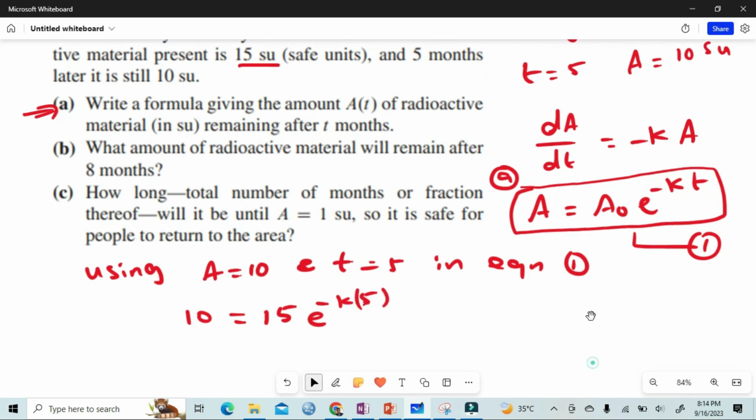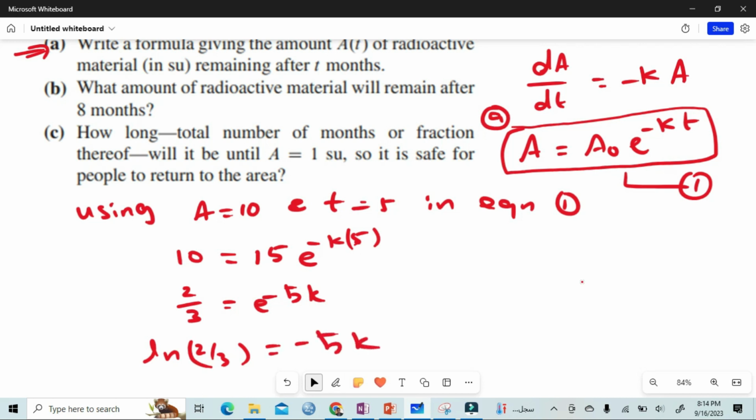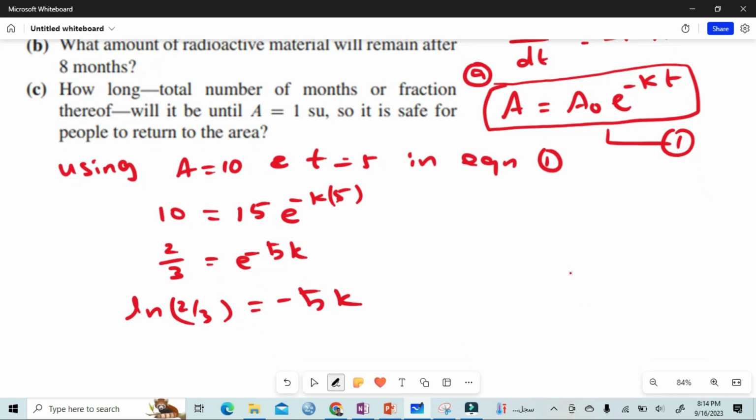Now the same way we are going to simplify, divide by 15 on both sides, it will be 2 over 3 in the left hand side, e power minus 5k, and take ln on both sides. Ln 2 over 3 is equal to minus 5k, so that will give you k is ln 2 over 3 divided by minus 5 is equal to 0.0811 approximately.